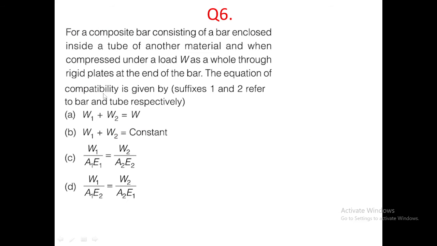Next question is 6. A composite bar consisting of a bar enclosed inside a tube of another material, when compressed under a load W through rigid plates at the end of the bar, the equation of compatibility is given by, where suffix 1 and 2 refer to the bar and tube respectively.